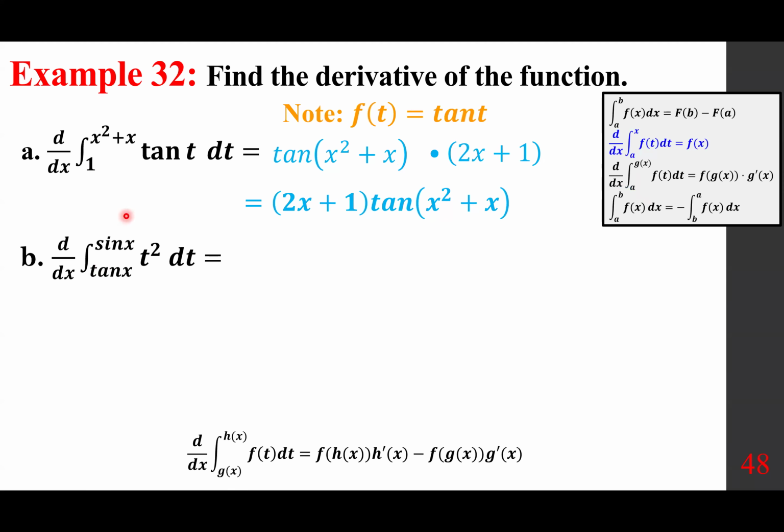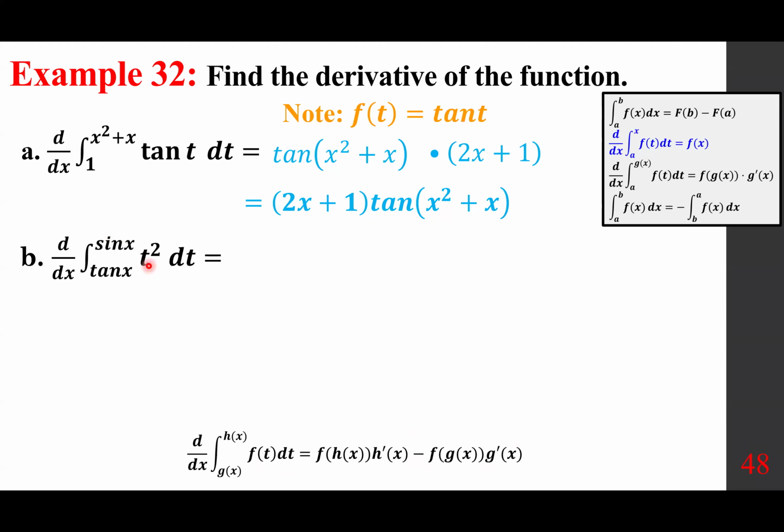So we follow this. The derivative of the integral of f of t dt as we go from g of x to h of x: first we plug in h of x, so it becomes f of h of x times h prime of x, minus, then we plug in the lower limit, g of x, f of g of x times g prime of x. This h prime and g prime is by the chain rule.